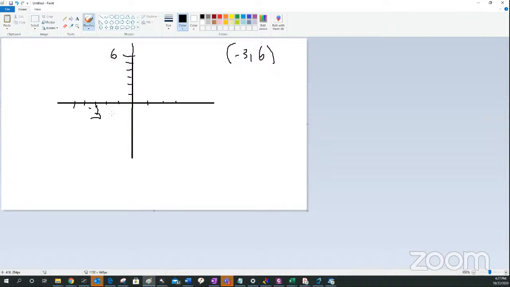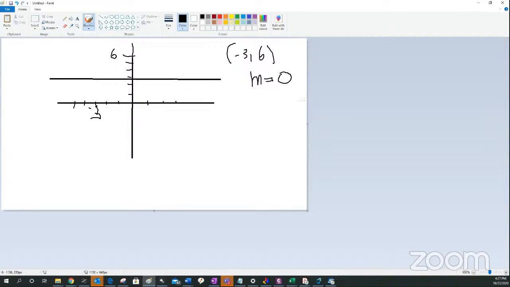Good job. So when they say the line is parallel to the x-axis, that means your line should look something like that, just an example. And that means that your slope m is equal to 0, right?